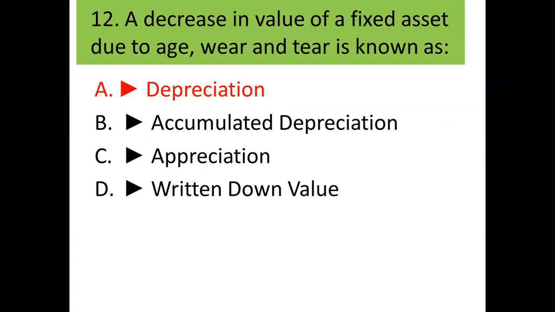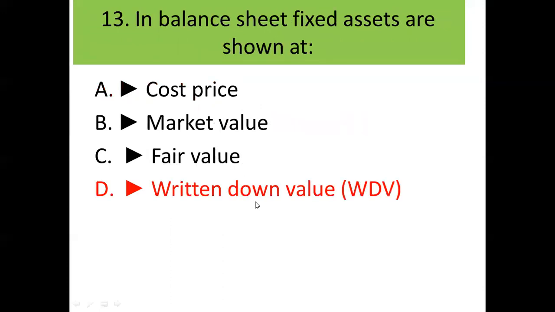Those combinations of depreciations from different years are called the accumulated depreciation, whereas appreciation is the increase of values of a non-current or fixed asset, and written down value is the cost of fixed asset minus accumulated depreciation, and we come back with written down value.